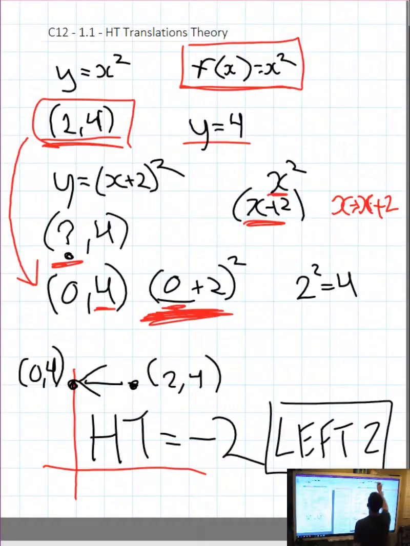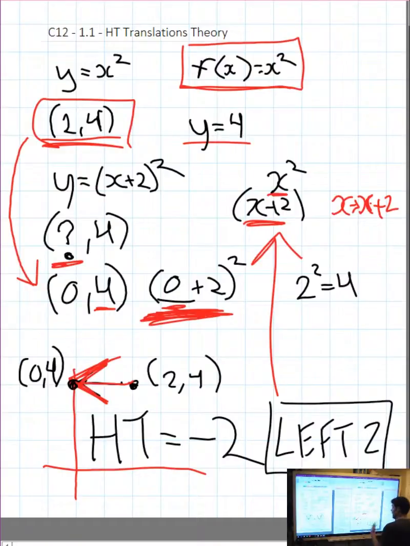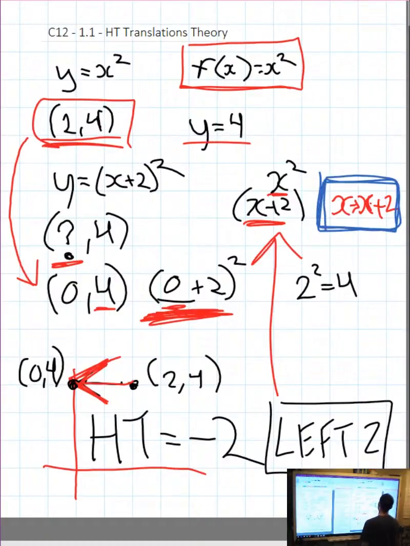So, originally we may have thought that this caused it to go in the +2 direction. It actually goes -2. Feel free to use a table of values or check my work in the notes, all sorts of extra things. But notice, if we put x plus 2 in for x into the equation, we actually go left 2. A horizontal translation, left 2.